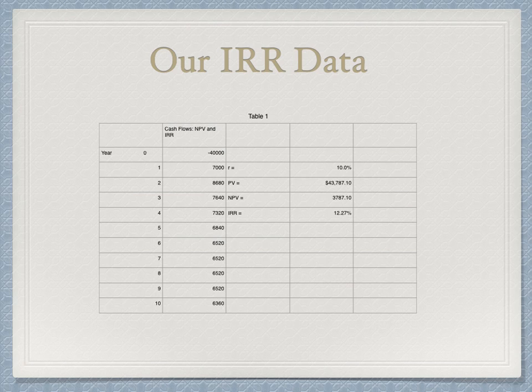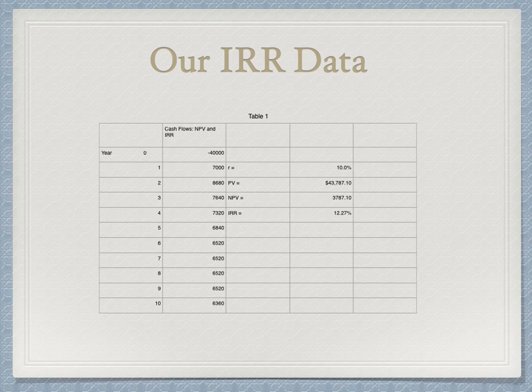So we can see that the rate of return needed is 10%. Present value we calculate out using the spreadsheet to $43,787.10. The NPV then shows as $3,787.10, and this generates us an IRR of 12.27%. So we need to keep this in mind, 12.27%.